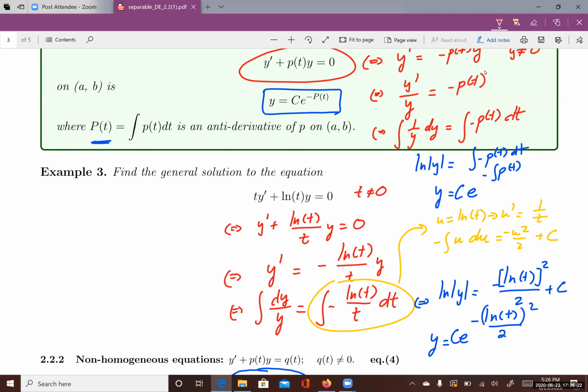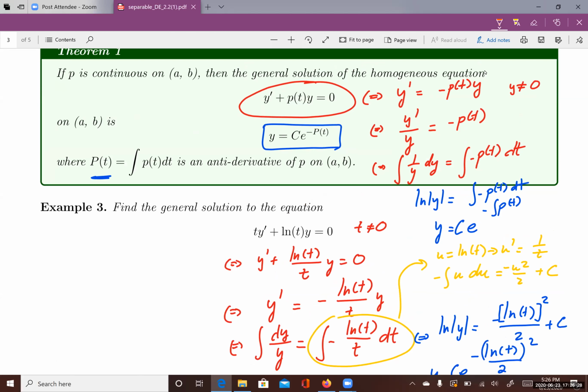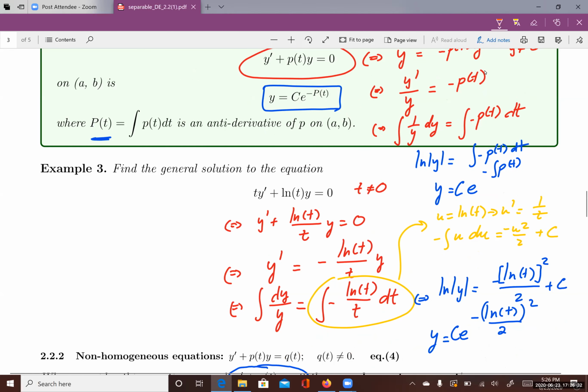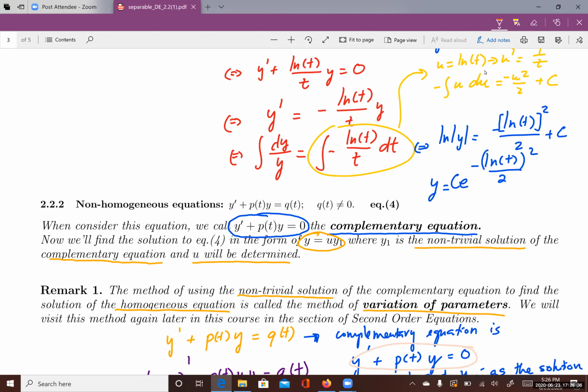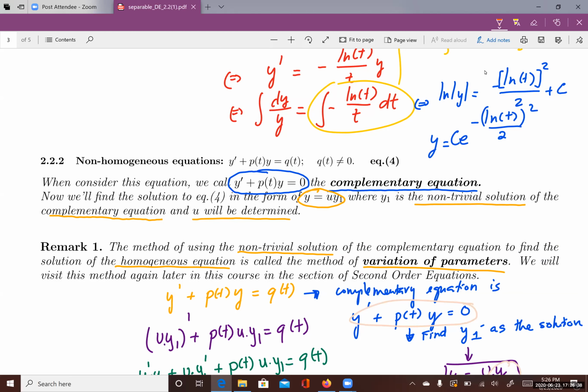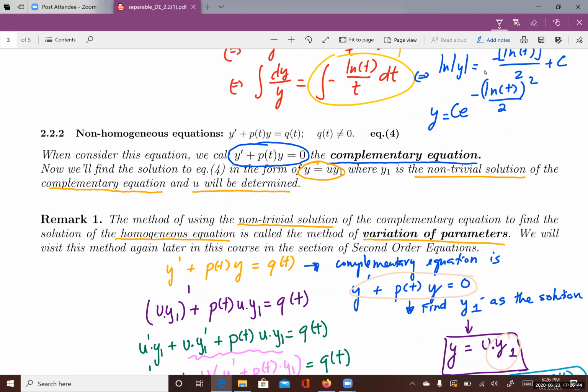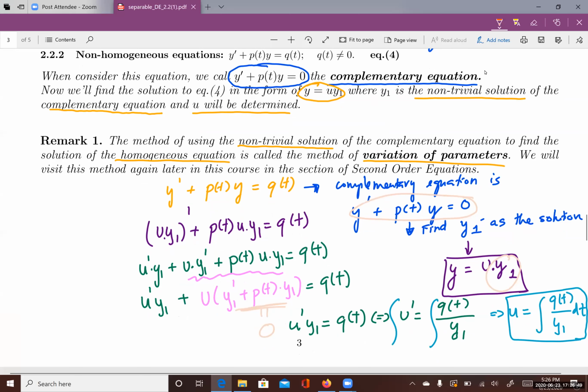You consider it as a separable equation to solve for this first order linear differential equation. And when you have a non-homogeneous equation, then you can use the solution of the homogeneous form, or the complementary equation, in order to find the solution for the non-homogeneous equation following the steps.